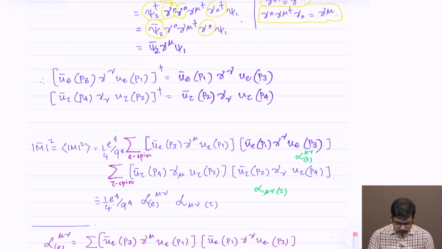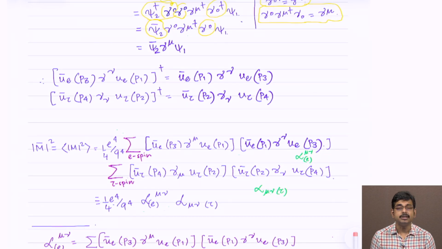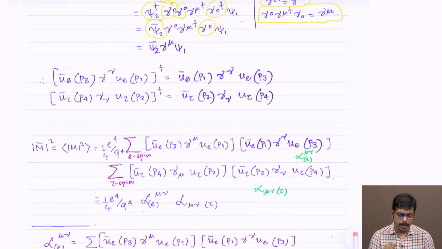For the two fermions which are colliding, it will have a factor of 1/4. So that gives rise to this particular form of the matrix element squared, which we called mod of M bar squared.